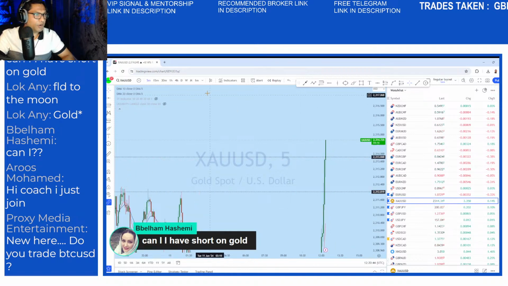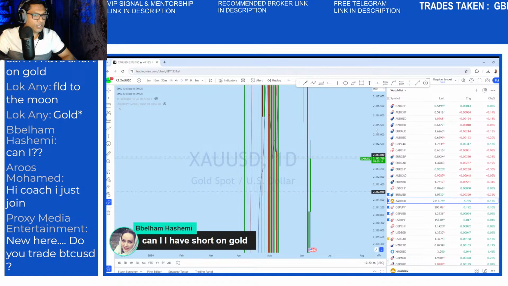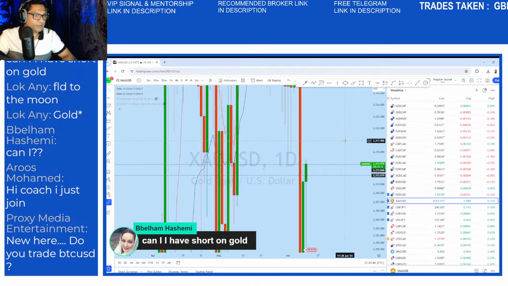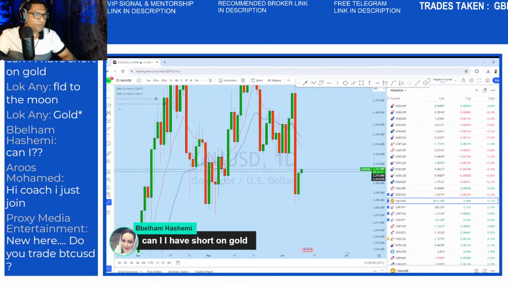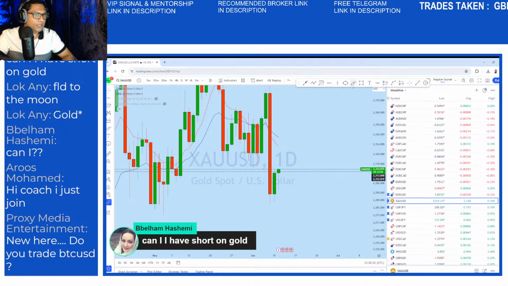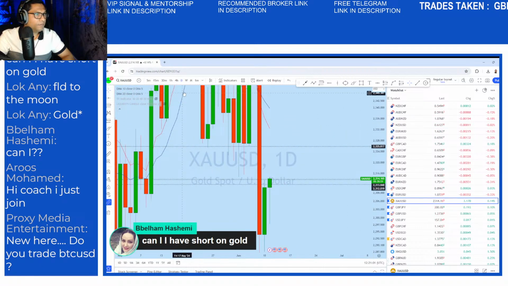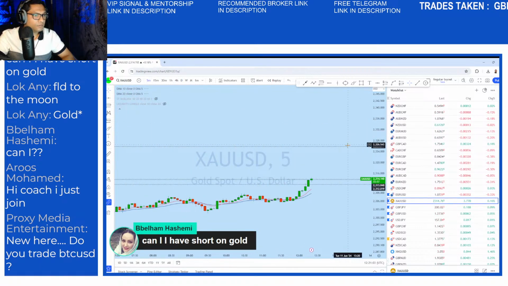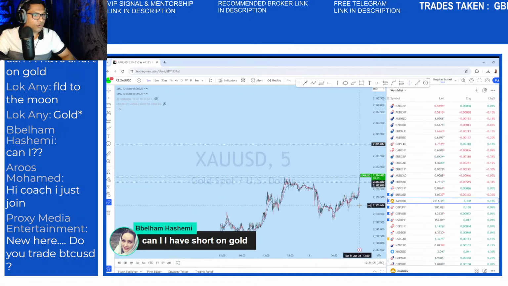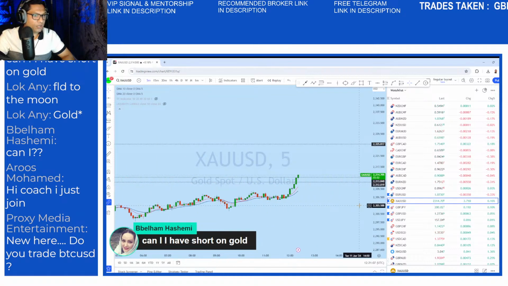Okay, we see that there is a breakout on the daily, it just has broken the daily resistance. Now that breakout is a very significant level of support turning resistance here, 25. The trend is up. We see the market has broken the resistance.